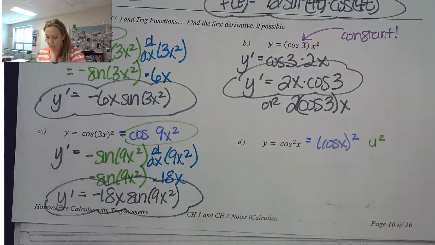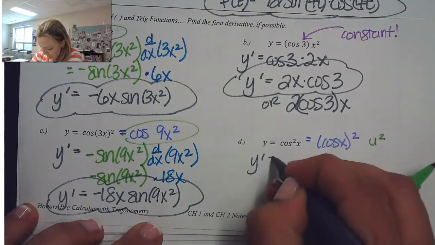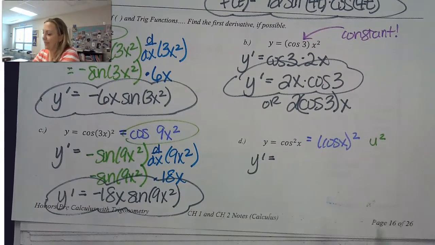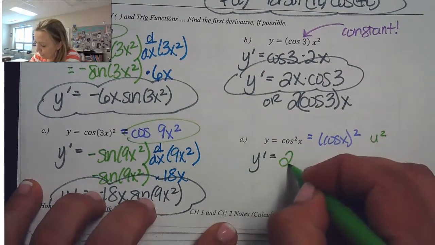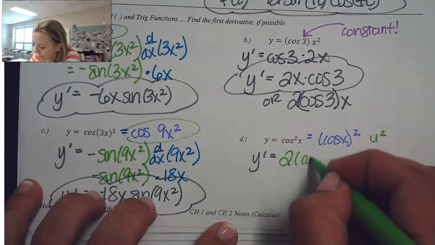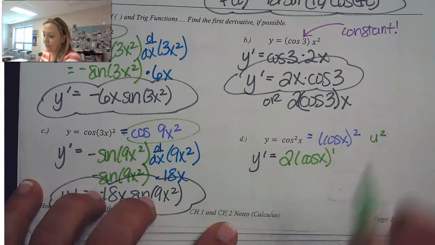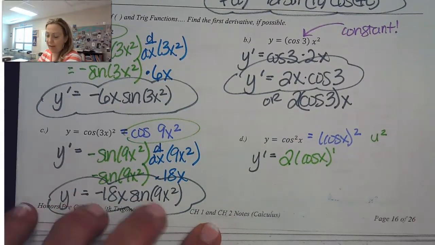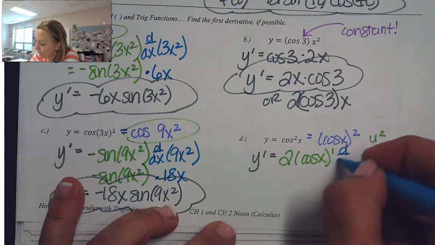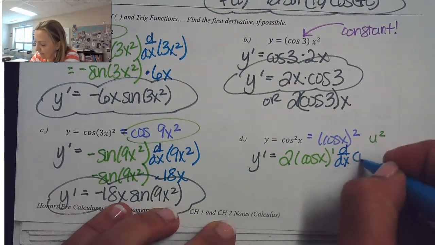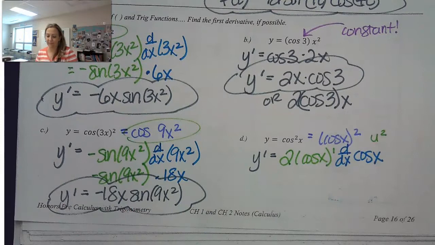So that means that if I were to take the derivative, I would want to do 2 times the cosine of x to the first power, right? Because I take one away. But now I want the derivative of the inside function, which is cosine of x.